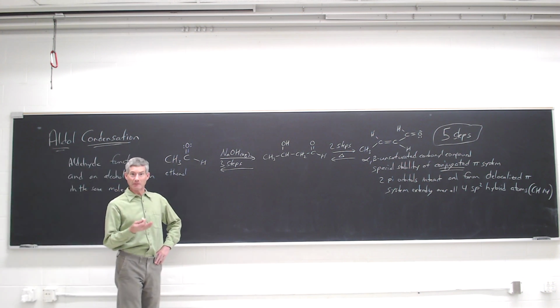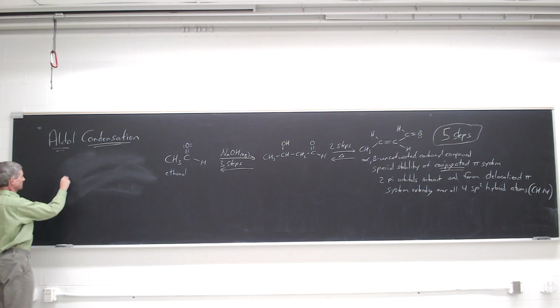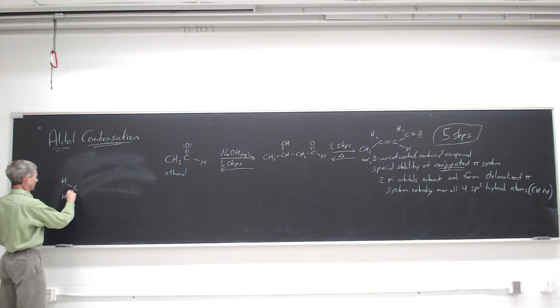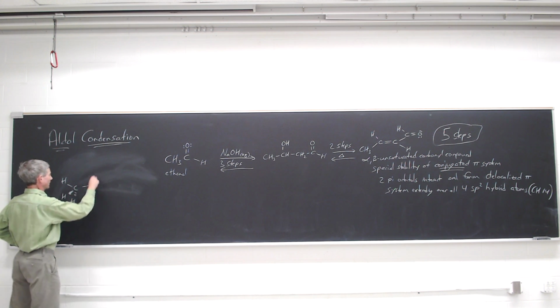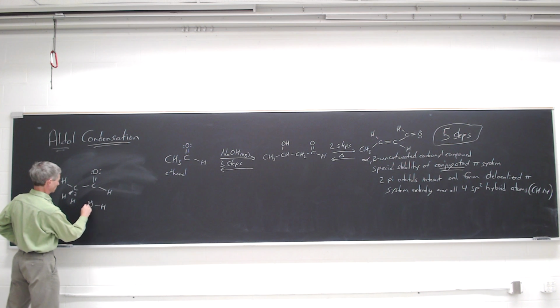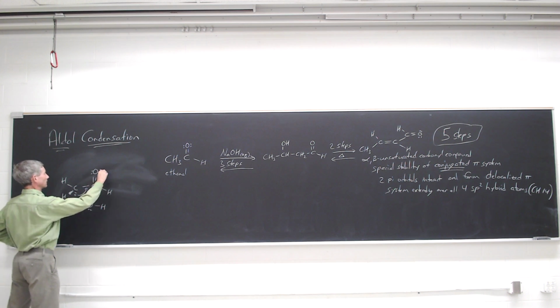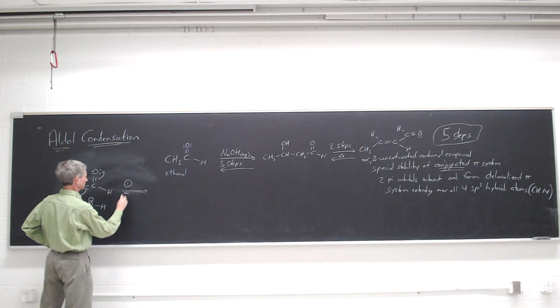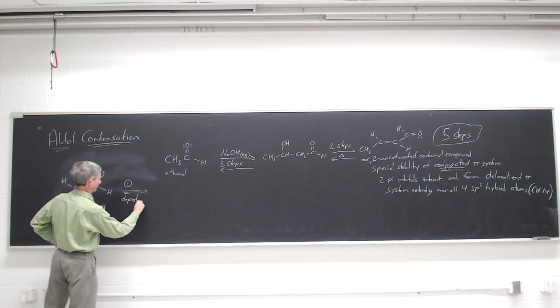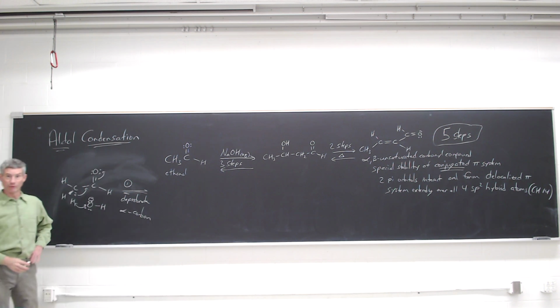So let's think about what the mechanism for this reaction is likely to be. And you can imagine that the initial reaction is simply for the base to remove one of these hydrogens, form water, and generate an enolate ion under basic conditions.